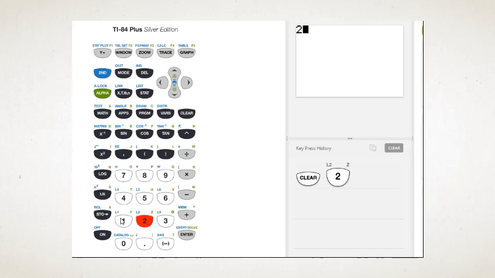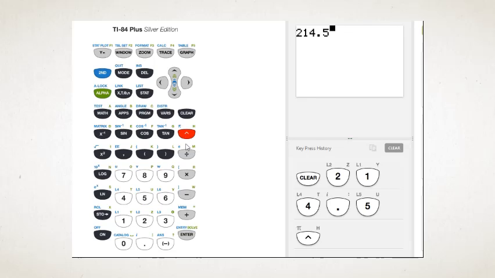So we got 214.5, that was our surface area, but it's equal to a cube root. In order to get rid of that cube root so that we can solve for V, I'm going to need to cube both sides of the equation. So I'm going to raise this to the third power. And here we got that big, huge number. On the right-hand side, that would have gotten rid of that cube root.